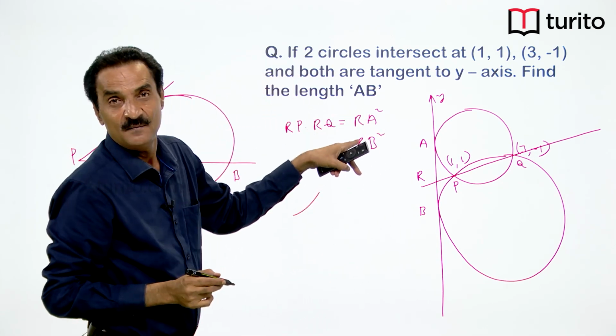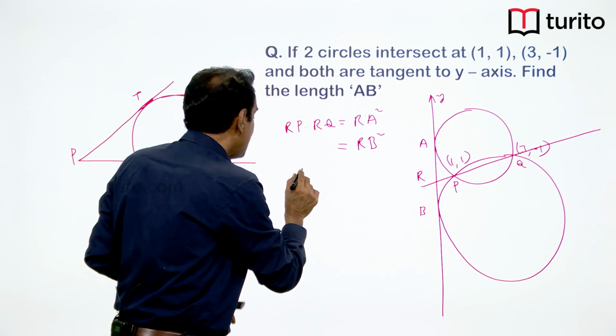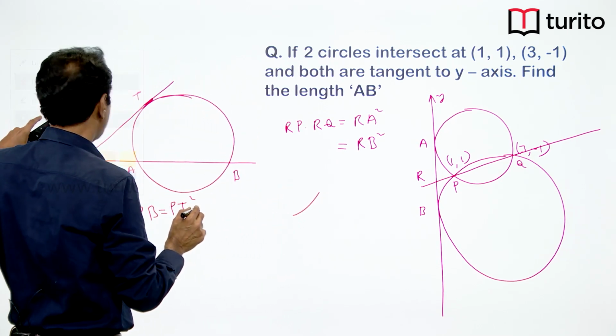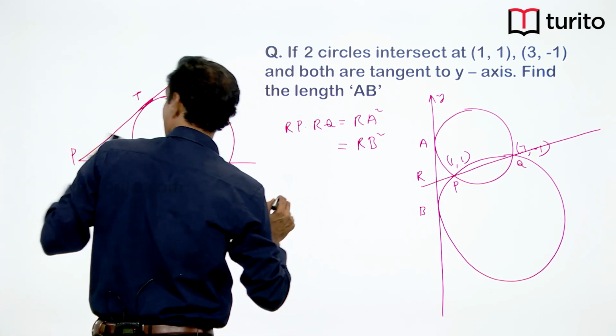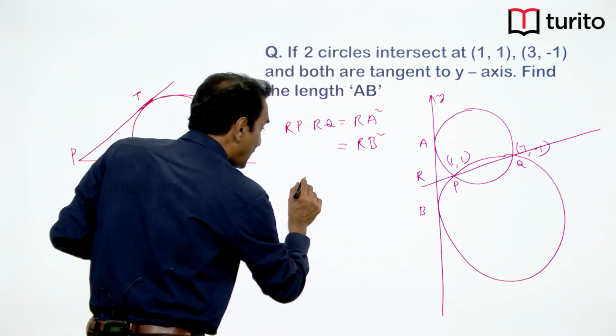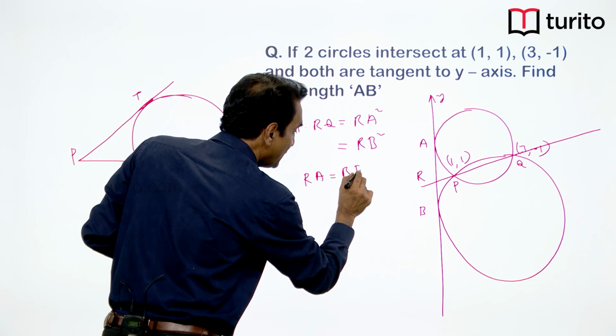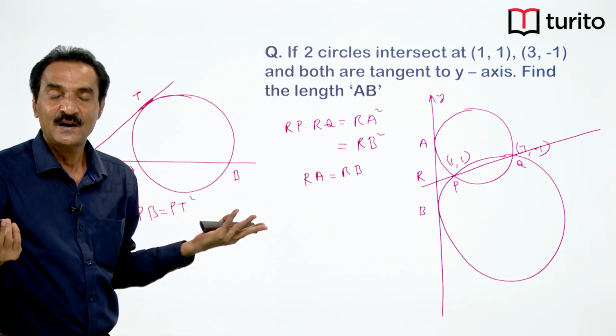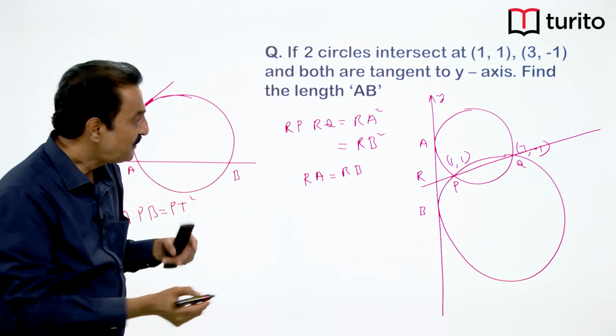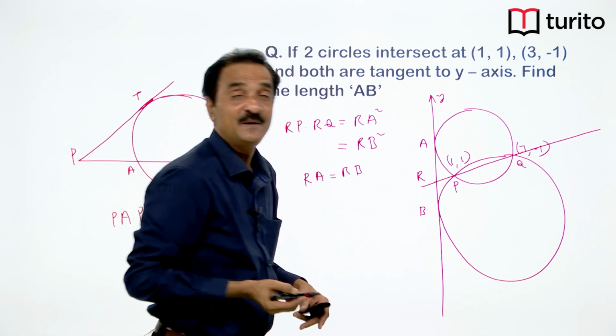These two must be equal. Therefore, RA is equal to RB. So, what is R? It is the midpoint of AB.